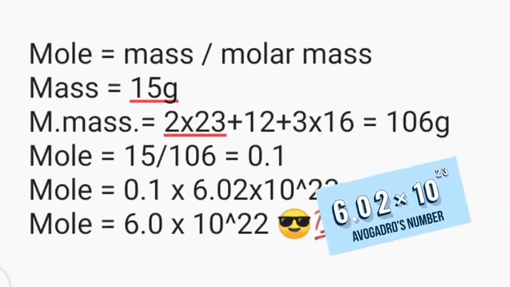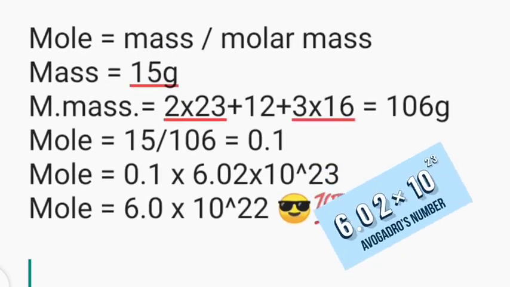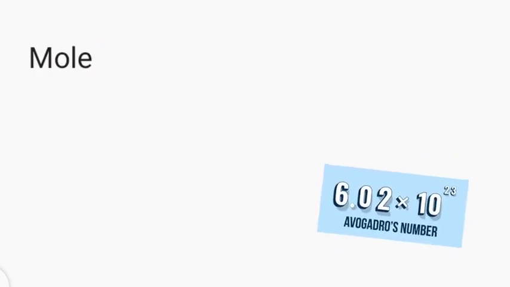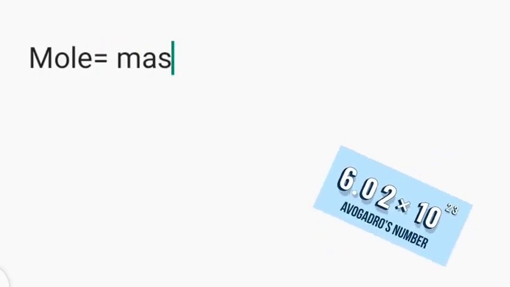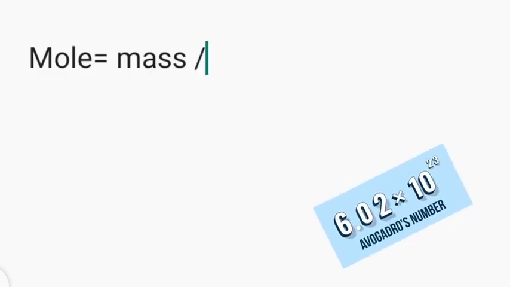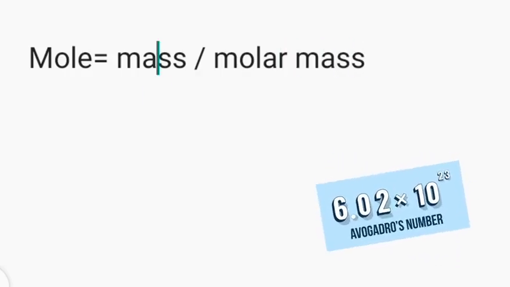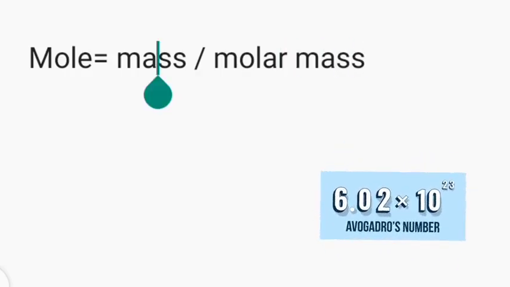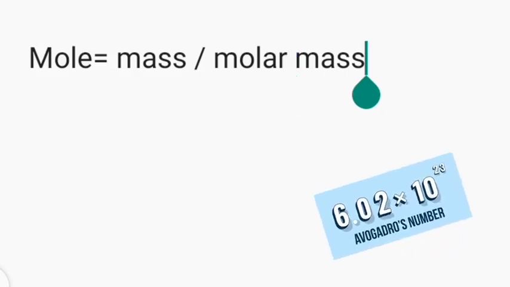So that is the answer, and that is how you calculate this one. The basic thing is that if you want to calculate something of that nature, you first calculate the mole using molar mass. Mole is mass over molar mass. If you are given a mass for the compound, you calculate the molar mass and then find the mole.